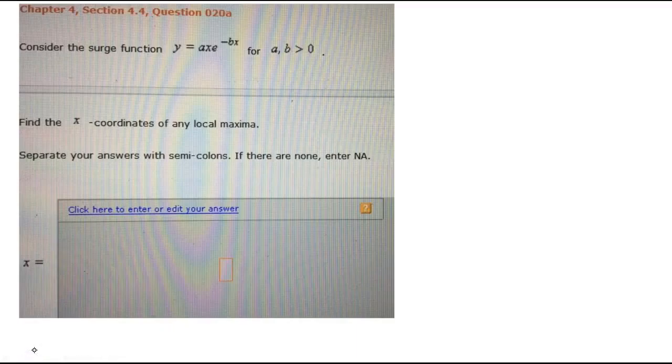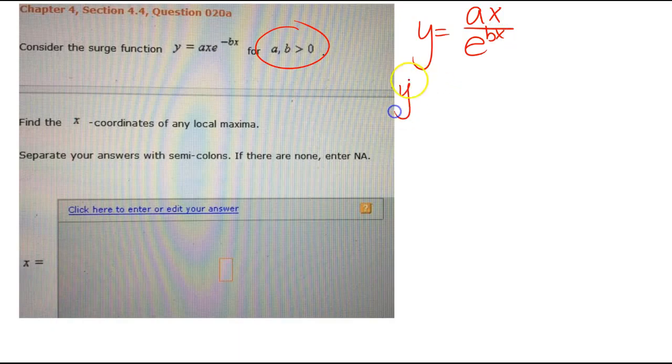Now, we have a surge function here. They're telling us a and b are both positive. So, just like before, we need to go about finding the first derivative. So I will rewrite this as ax over e to the bx. A and b are both positive constants. So I'll use the quotient rule.